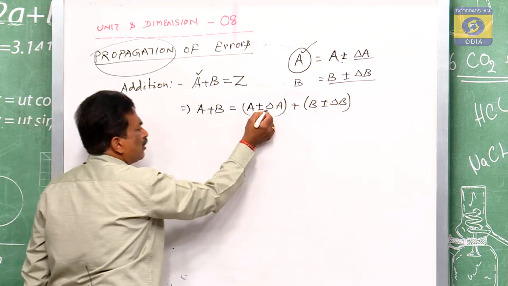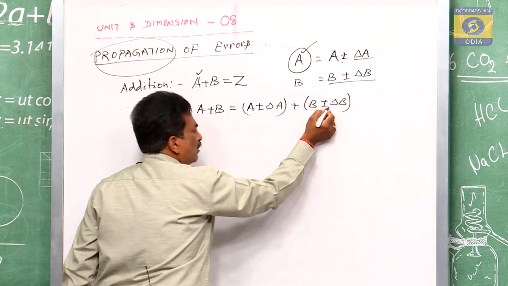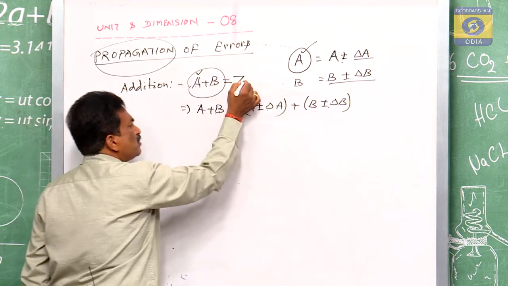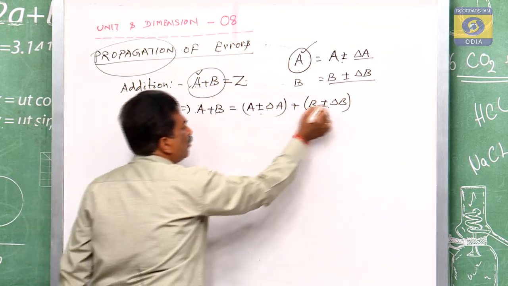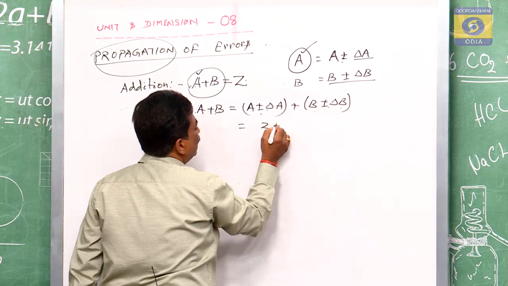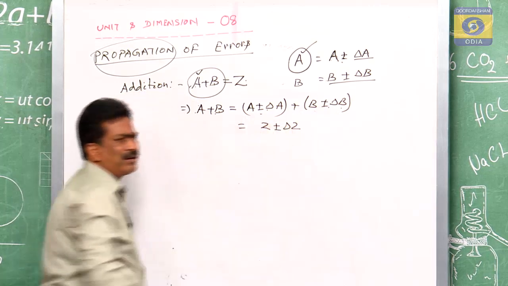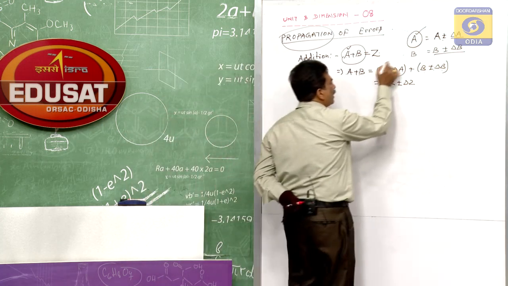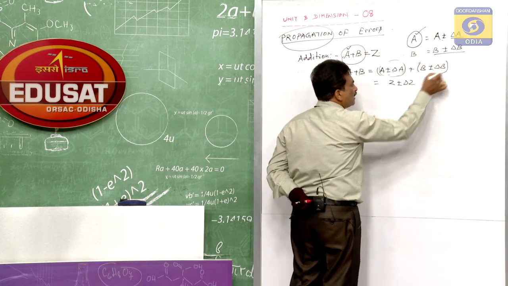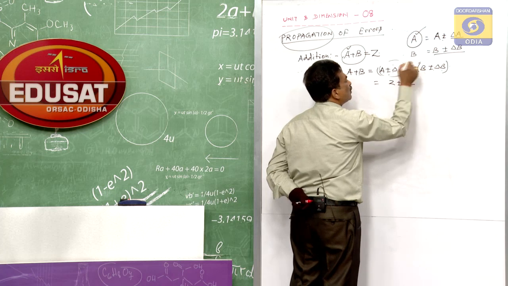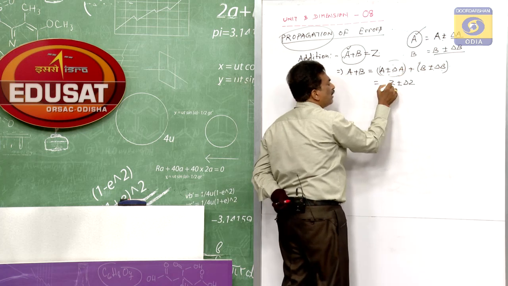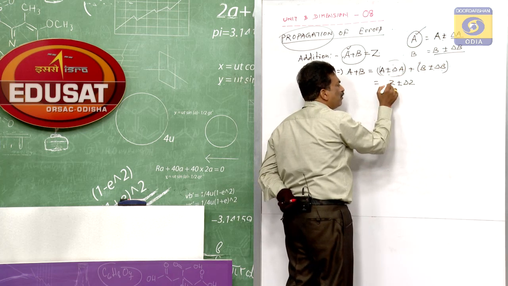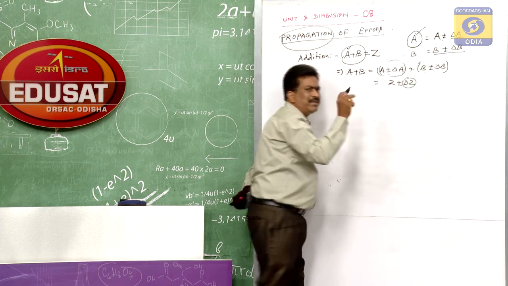A is not the true A, B is not the true B, so when A plus B is Z, then this total will be Z with some error. Are you clear or not? When two errors are added with their real or true values, some error must be there.